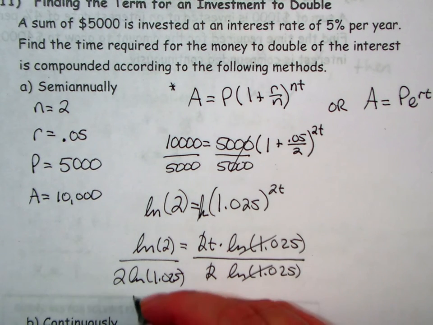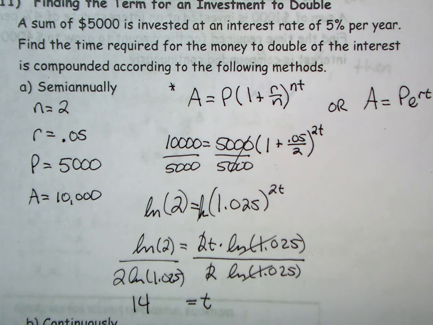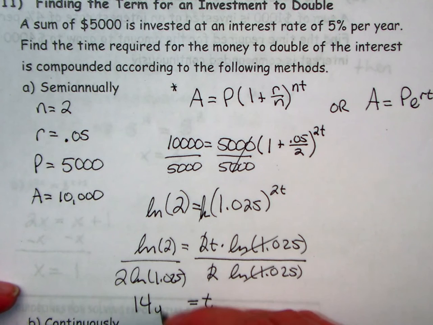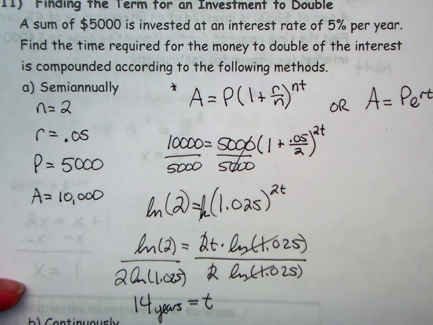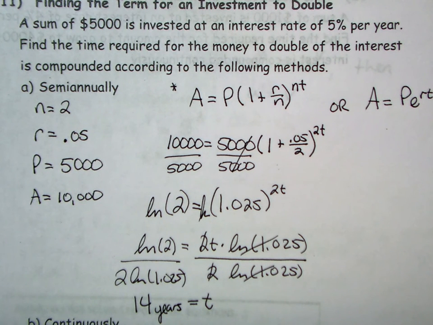So I'm just going to round that to about 14. Now 14 what? This is a time interval, and our time is in years, okay? So it's going to take 14 years for this money to double from 5,000 to 10,000.